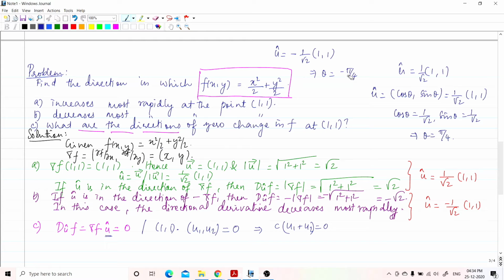Class, is it minus pi by 4 or something else? Just think and say. I don't think it is pi by 4. Cos theta is minus 1 upon under root 2, and sin theta is also minus 1 upon under root 2. So the diagram tells you that.